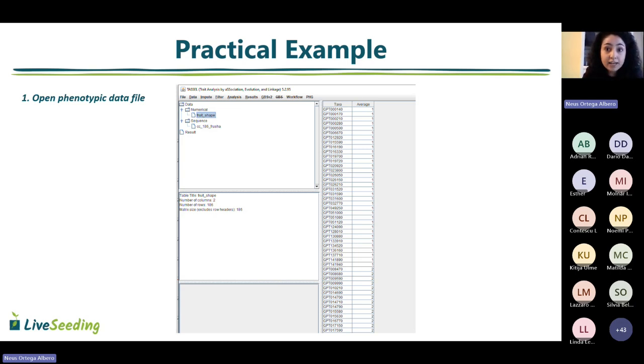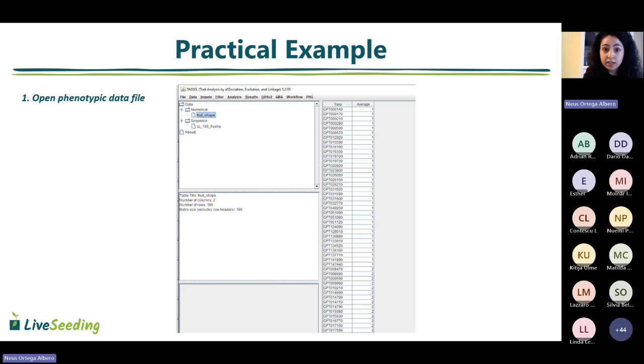I'm going to send you the link to my GitHub page. So here you will find the presentation, the phenotypic and genotypic data I just used for the growth habit example, and also the genotypic information for the fruit shape, and all the genetic and phenotypic information for fruit shape and everything.